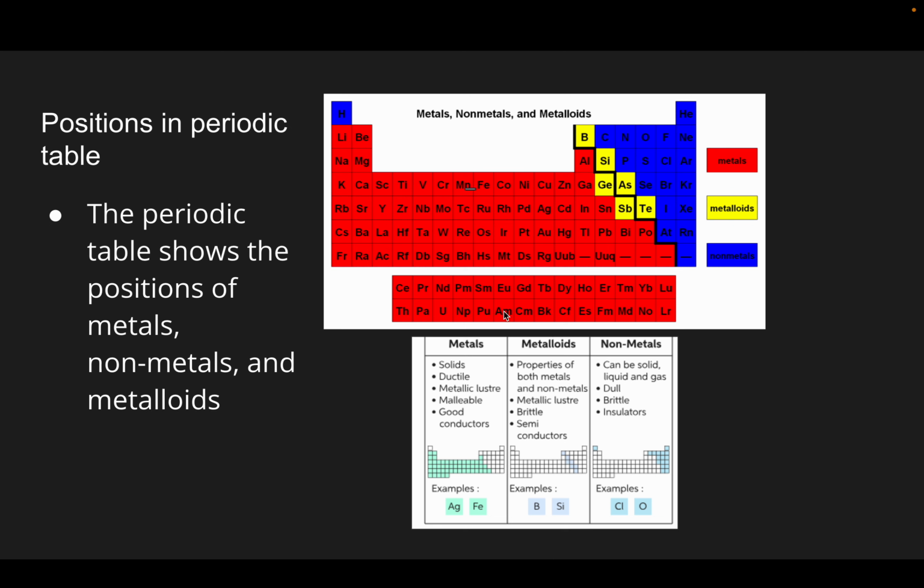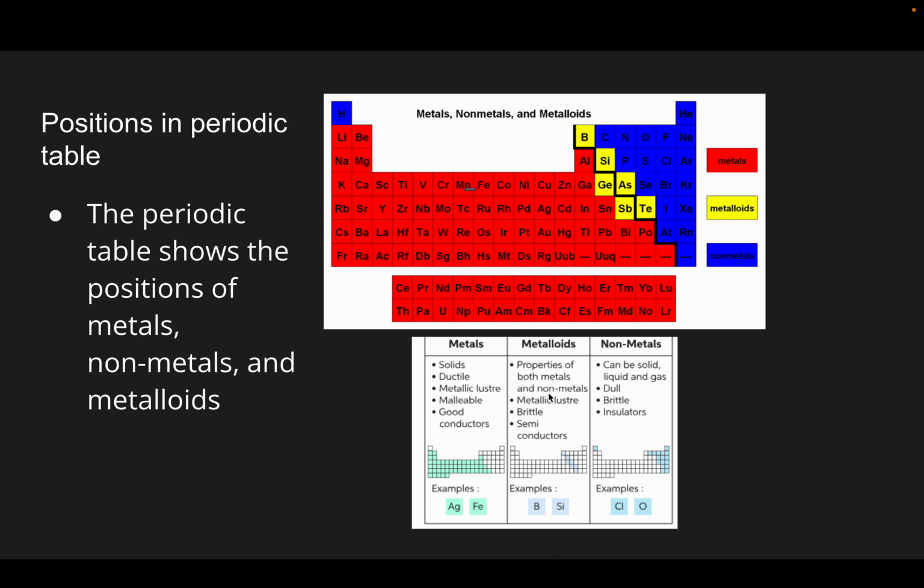And you also have to know physical properties as well as chemical. Here are physical properties of, for example, metals. They are solid, ductile, they have metallic luster, they are malleable, and they are, as you might know, good conductors. Then non-metals can be solid, liquid, and gas. They are dull, brittle, and are insulators. And here are metalloids.